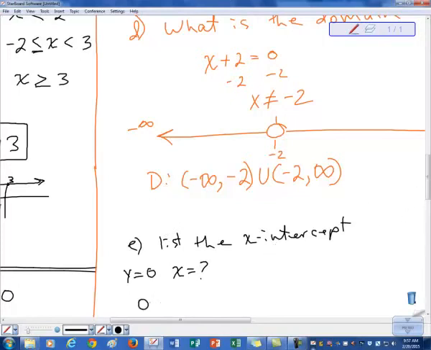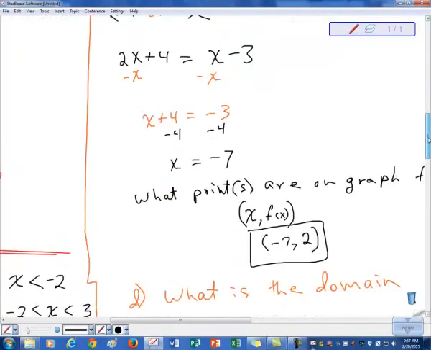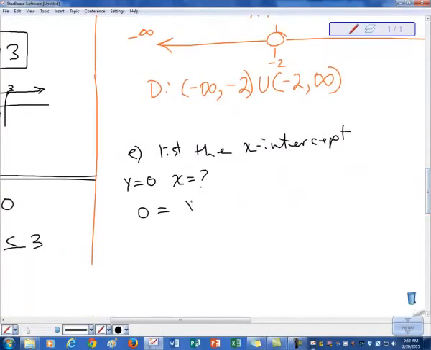So we would put 0 in for f of x, and then put in x minus 3 over x plus 2. Then we multiply out the denominator, which makes that go to 0.